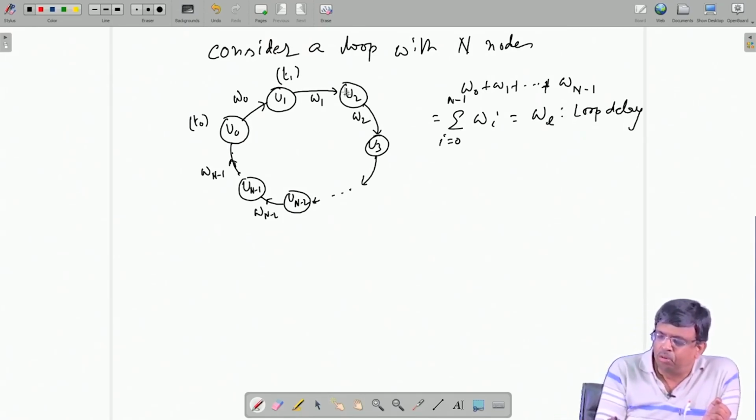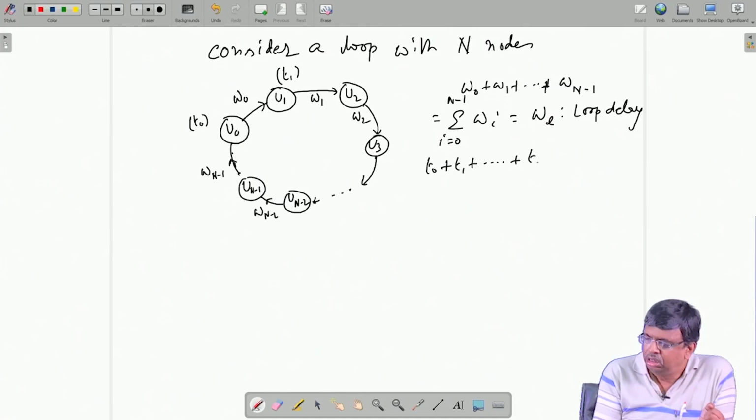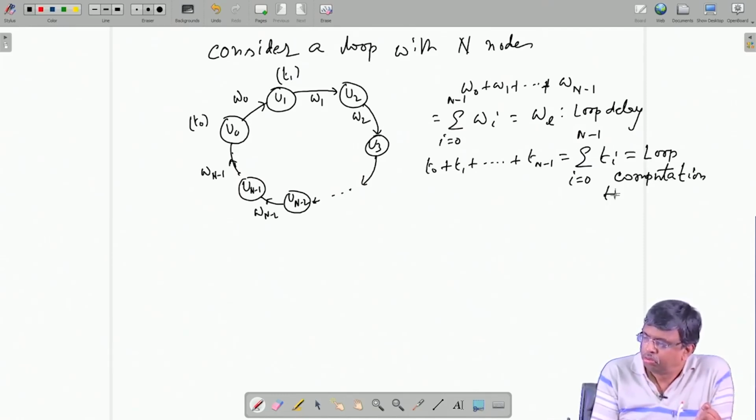Similarly, if you add up all the computation times T0 plus T1 plus ... T n minus 1, this is called total loop computation time. You can call it TL.